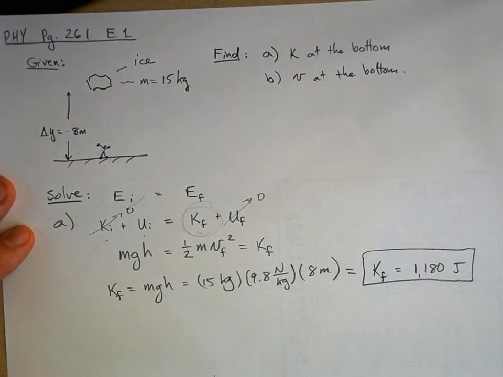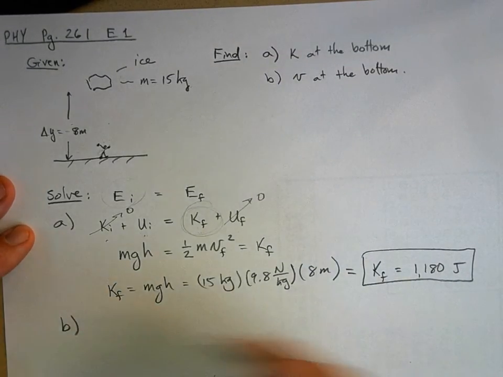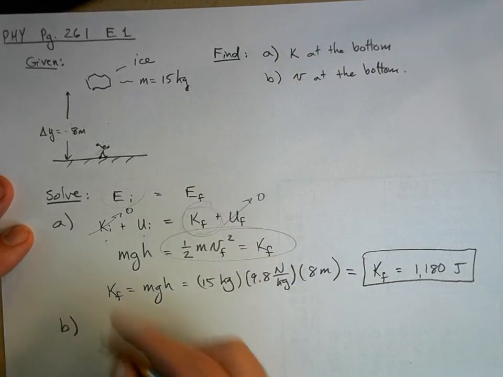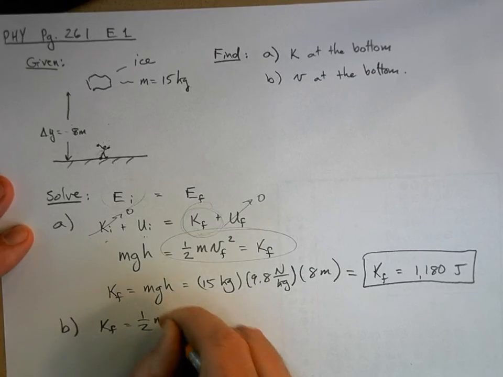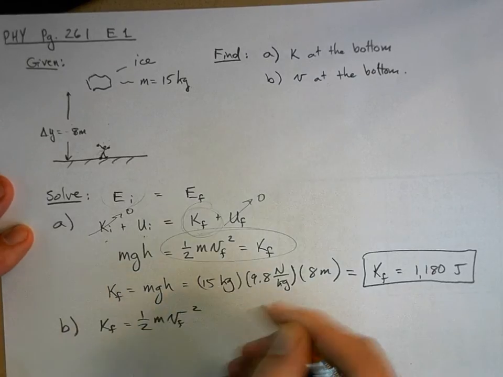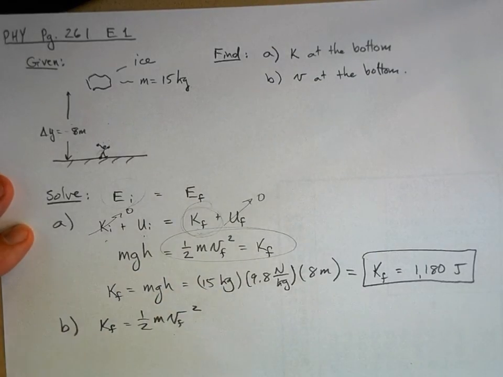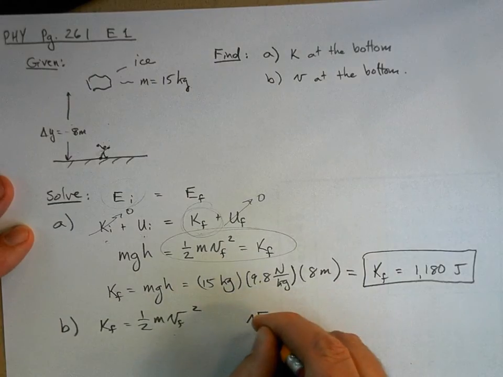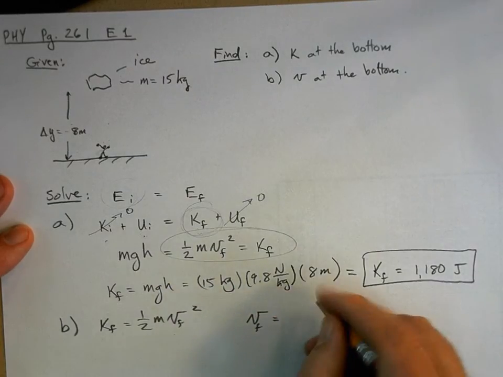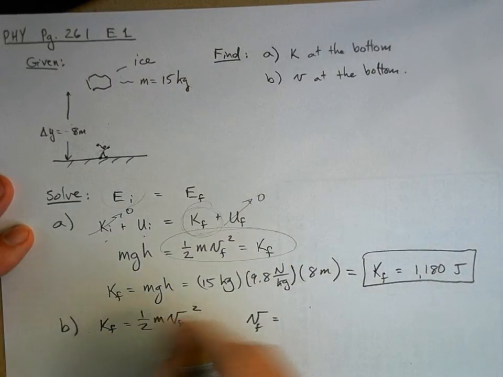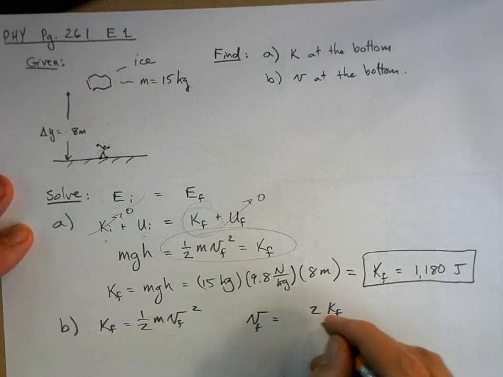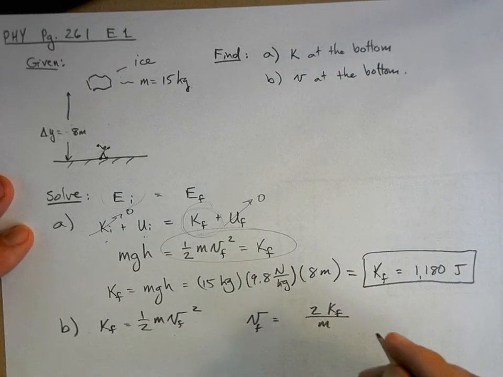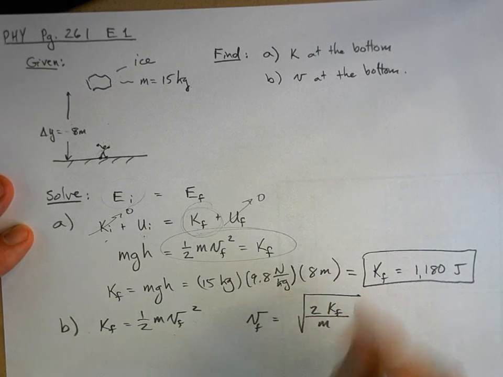Now for part B, well, I kind of started doing that right here. K final equals 1/2 m v final squared. And that's what we're trying to find, the final velocity. So let's solve for it. V final is equal to, we'll multiply both sides by 2, you get 2 times the final kinetic energy divided by the mass, take the square root.